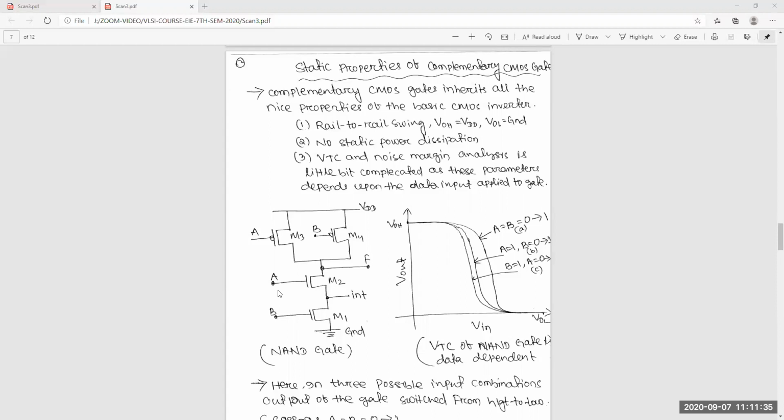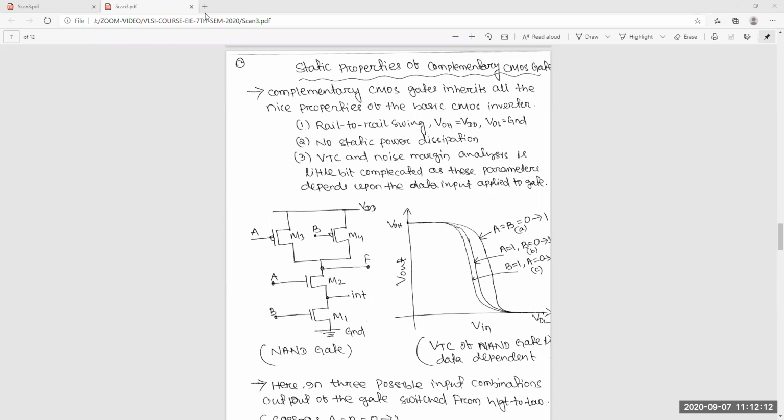So when will it be 1 to 0? When the pull down network is active, meaning A and B are both on. Then this will be 0. Now for making the output go from VDD to ground, we need 3 combinations.